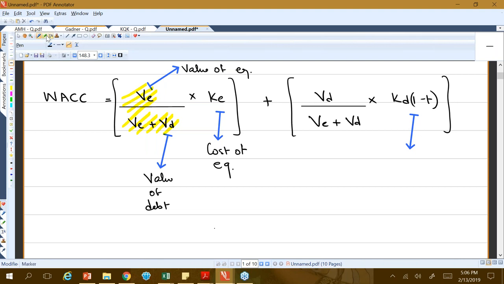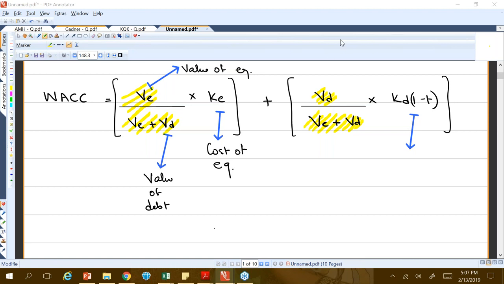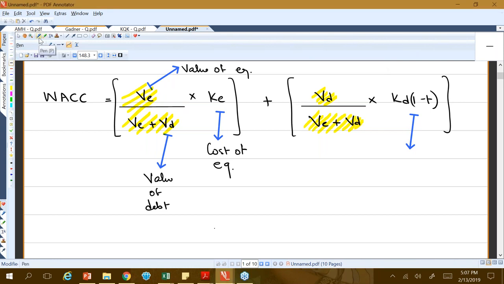Then on this side, if I have the value of debt and I divide it by the value of equity and the debt, so that is VD over V plus VD, this gives me the proportion of debt within my capital structure. Once I have the proportion of debt, we can simply multiply it with the cost of debt, the KD(1 minus T).